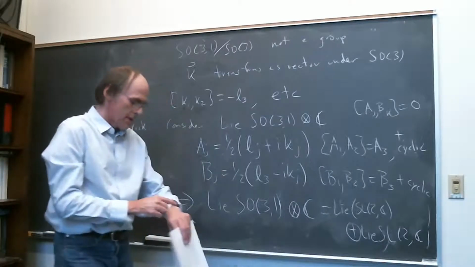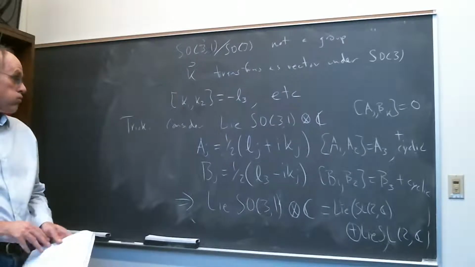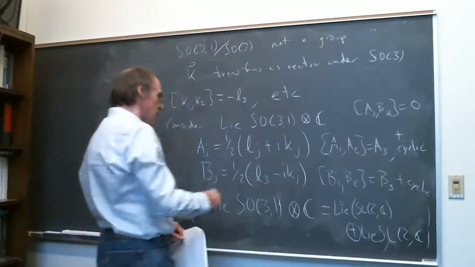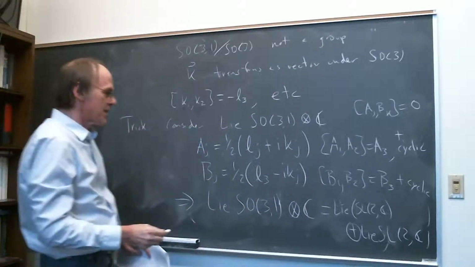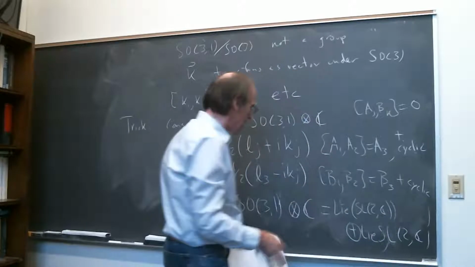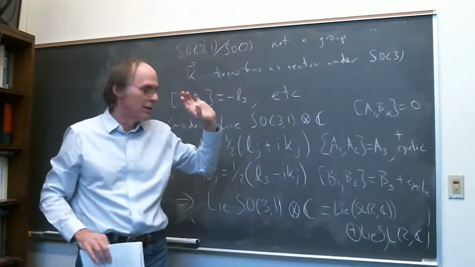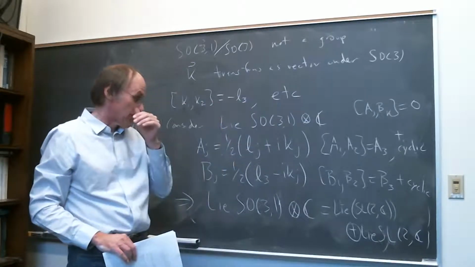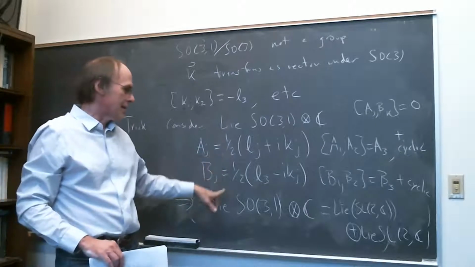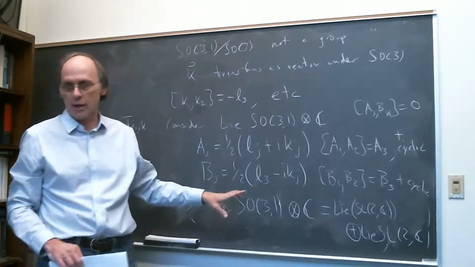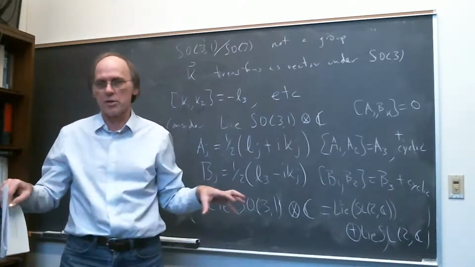This calculation is completely crucial in pretty much any book discussing relativistic quantum theory. But they often say something very confusing, like that this shows that SO(3,1) is really two SU2s.